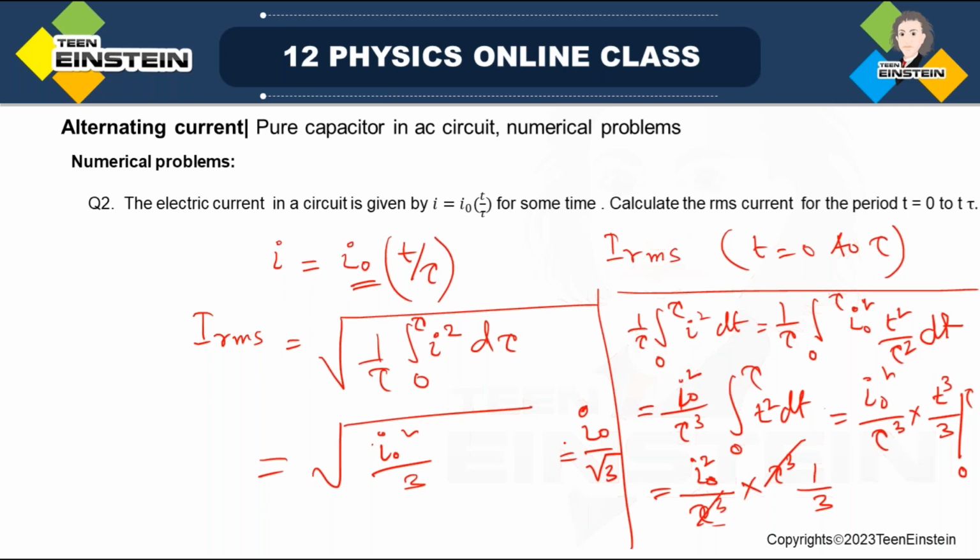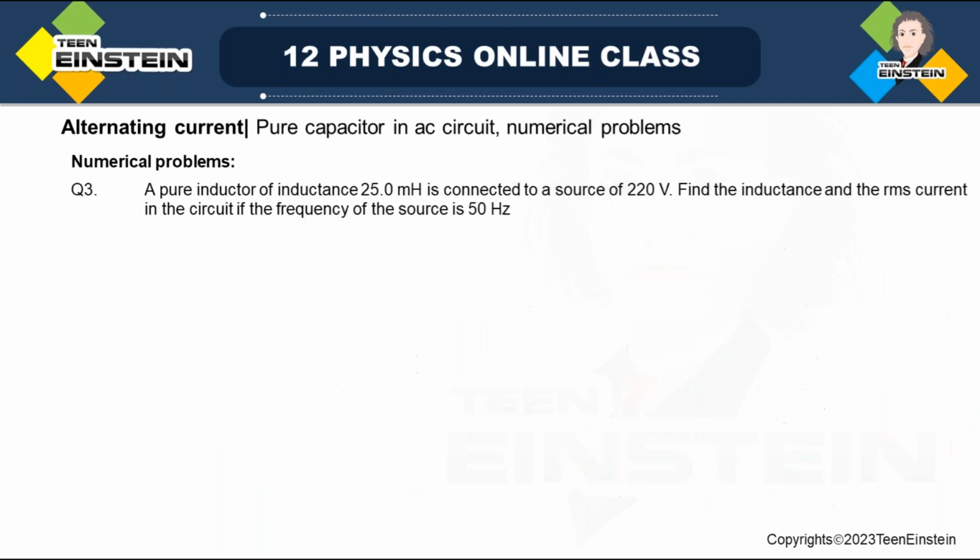We have taken a very simple problem again. One more. So see, a pure inductor of inductance L, 25 millihenry, is connected to a source of 220 volt.